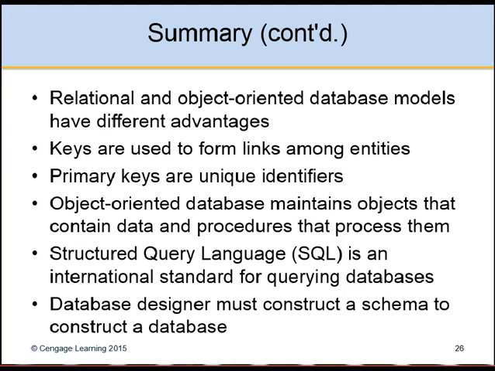Tables are a collection of records about a type of entity. Primary keys are unique identifiers. Structured query language is an international standard for querying databases. And the database designer creates a schema, which is a roadmap for the database.